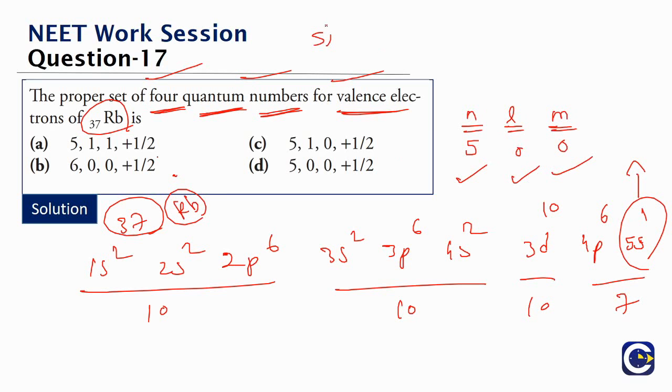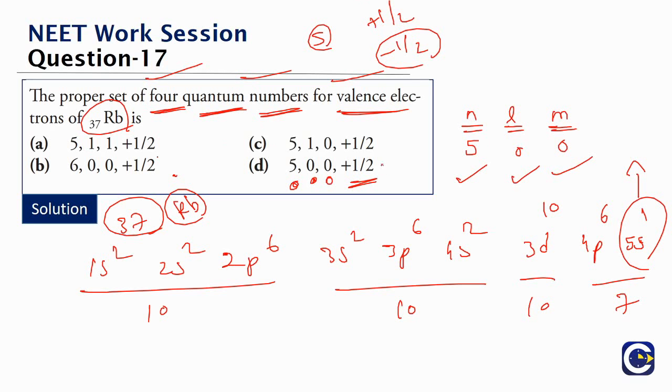Spin quantum number can have 2 possible values, either plus half or minus half. Now we first check which of these options has n 5, l 0, m 0. You can check only one of them. Then we have to verify whether the spin quantum number has a permissible value or not.